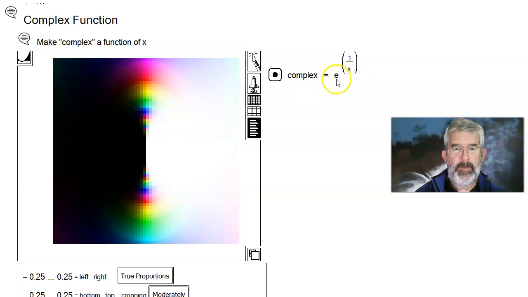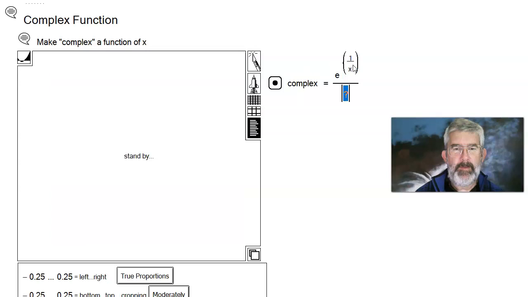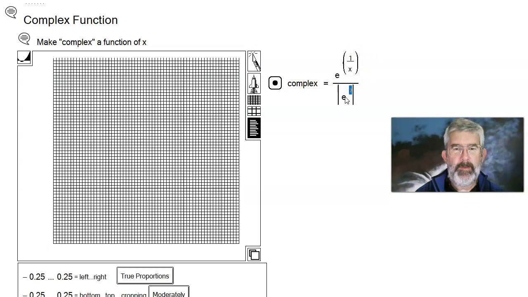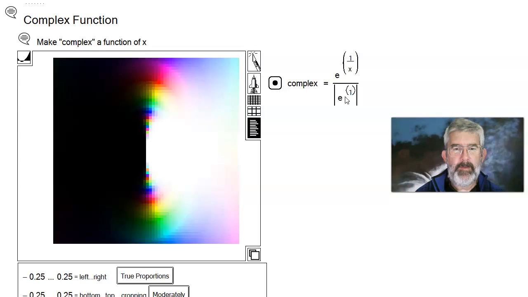And I can take the magnitude out of this and just look at the direction by dividing by the absolute value of this thing. So what I'm going to do is take this and divide it by the absolute value of whatever I have here, e raised to the 1 over x.